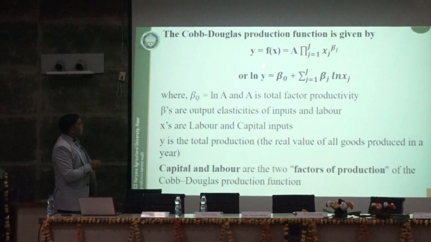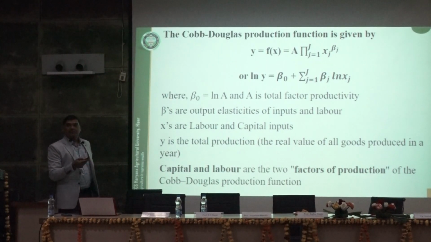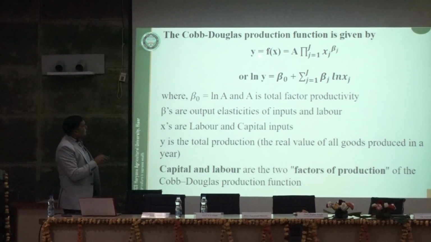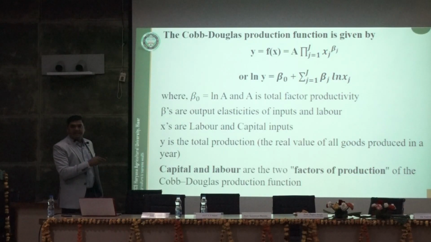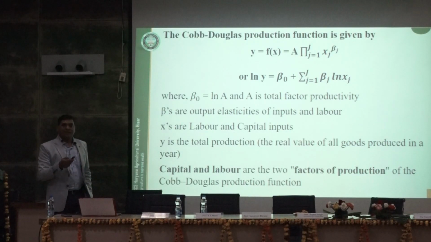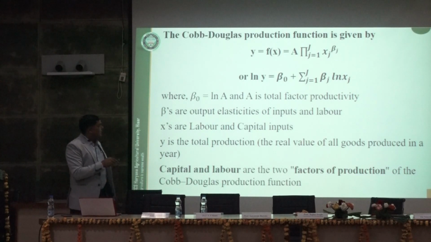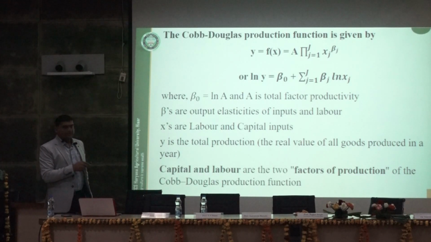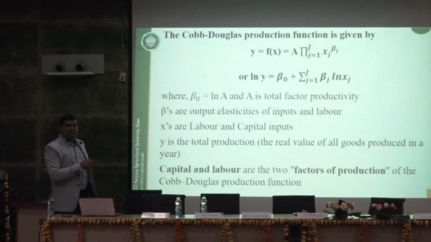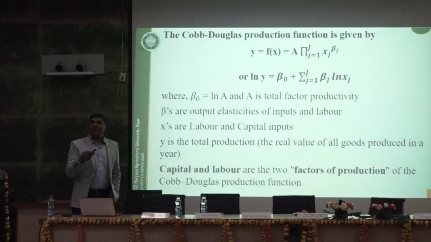And after taking the logarithm, we can make it linear. So this is the product of the x's raised to the power beta j, and this A is the total factor productivity, and this x_j is the input variable. There are more than two input variables, so x_j denotes the inputs.